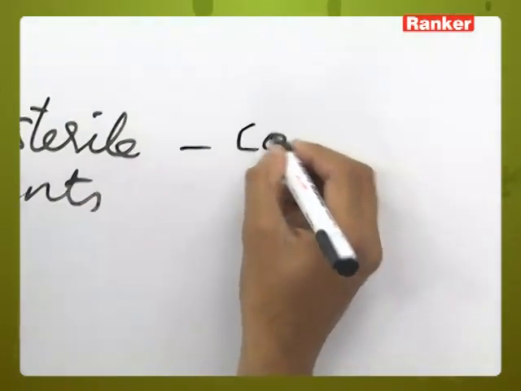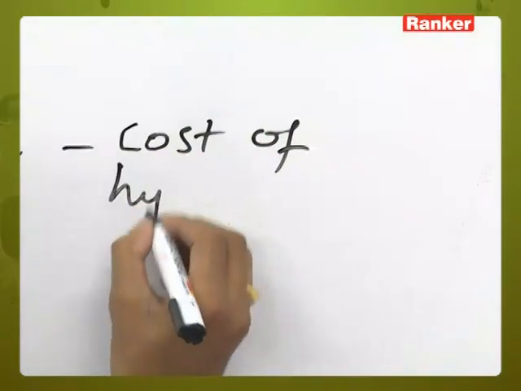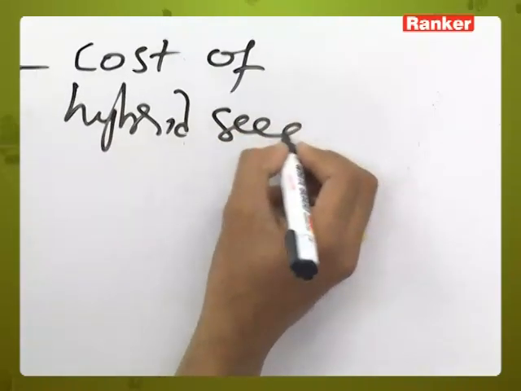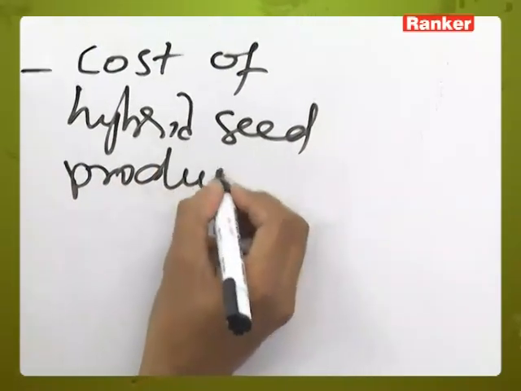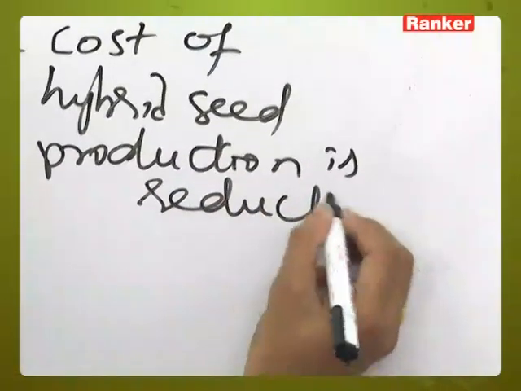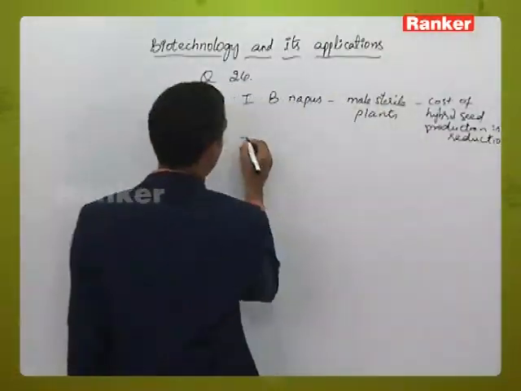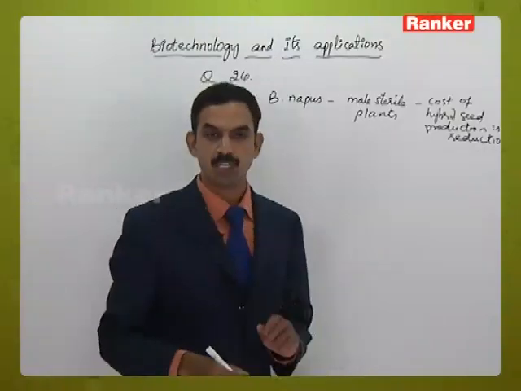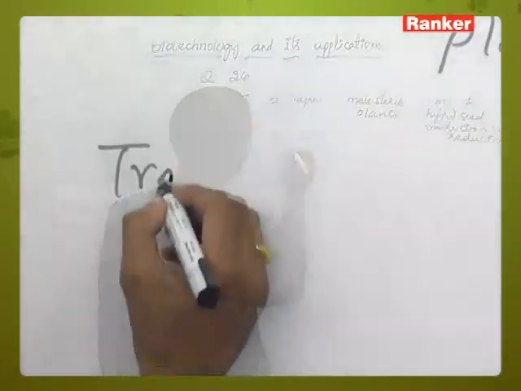So the cost of hybrid seed production is reduced. So all 3 combinations are correct related to 1. Then when it is coming to 2, transgenic tomato.